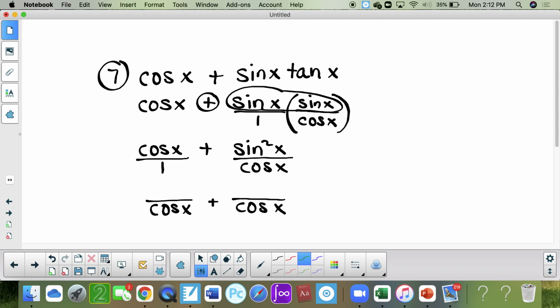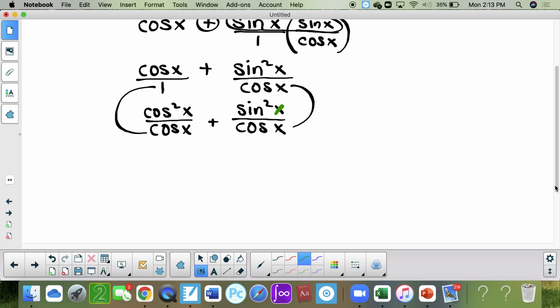Well, this one's already got the cosine of x, so it's going to say sine squared x. This one needs the cosine of x, so I'm going to multiply the top by the cosine of x, so we have cosine squared x. Now that I have a common denominator, I can do cosine squared x plus sine squared x all over one common denominator, which is cosine of x.